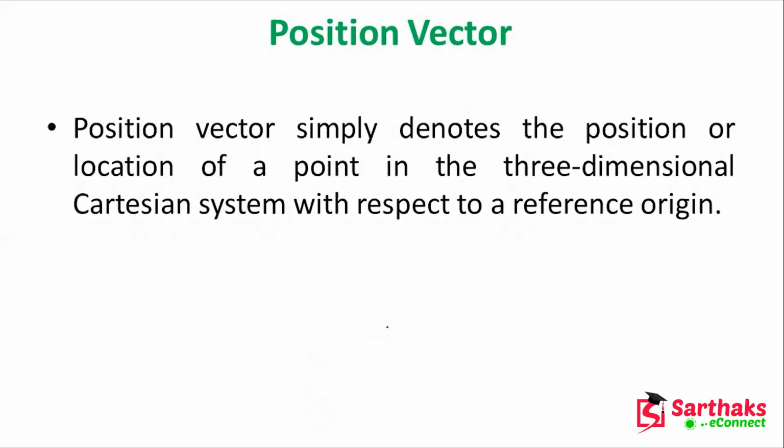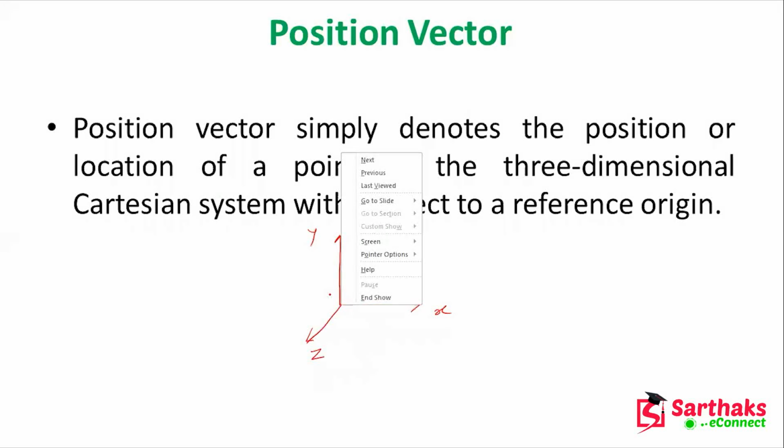So a position vector simply denotes the position or location of a point in the three-dimensional Cartesian system with respect to the reference origin. So if I have the X, Y, Z axes and some vectors here, that is O, P. Here you can see that the OP vector is the position vector.